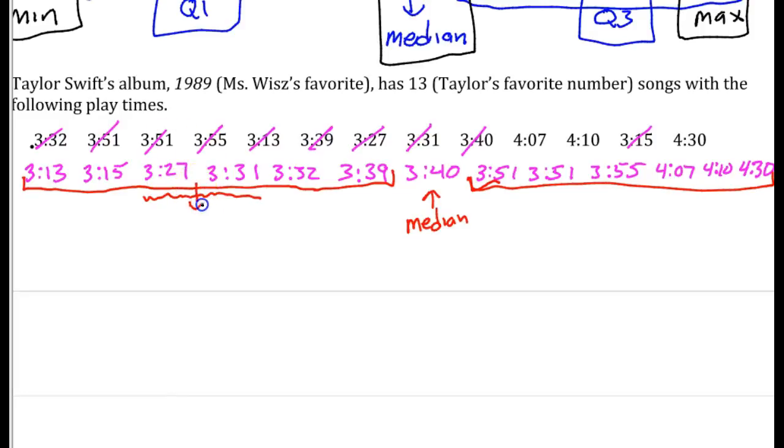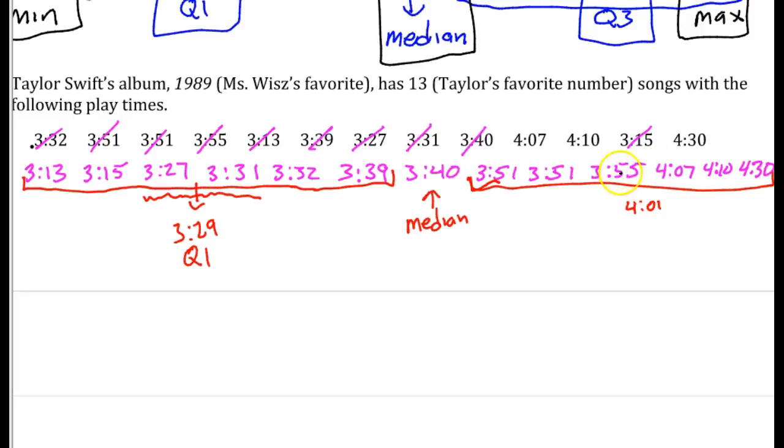So it's easier to say, what's the middle of 27 and 31, and come up with 29, and say it's 329 is the Q1. And then here it's a little bit more difficult, but you can still do it. What's the middle of 55 and 07? If you come up with 401, plus 6 seconds is 407, minus 6 seconds is 355.